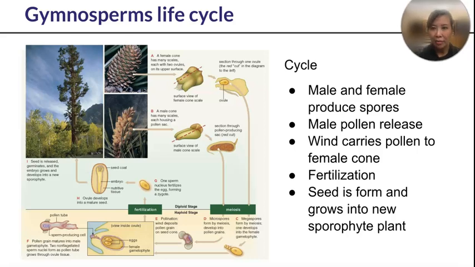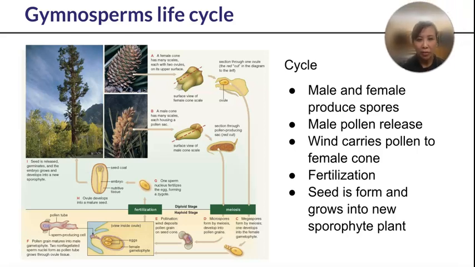Gymnosperm life cycle, as mentioned previously, is dominantly in the sporophyte generation. So unlike previous plant ancestors that were dominant in the gametophyte, once we have seeds, we are dominant sporophyte. The male and female cones produce spores that will develop into the gametophyte.